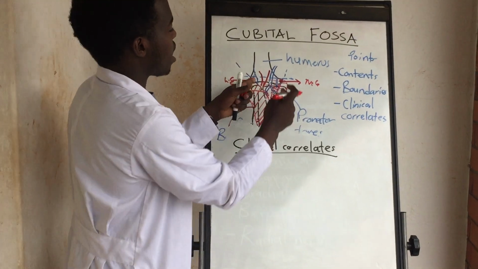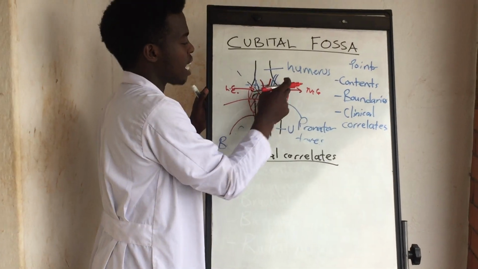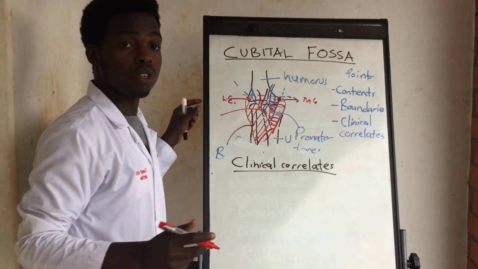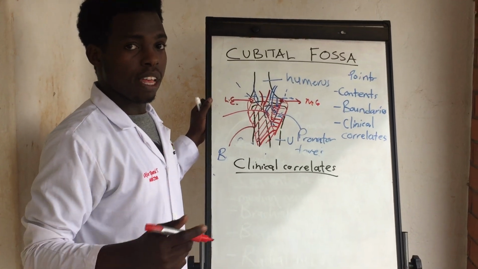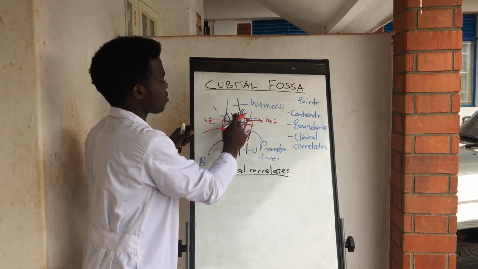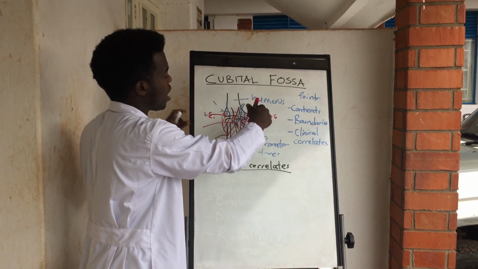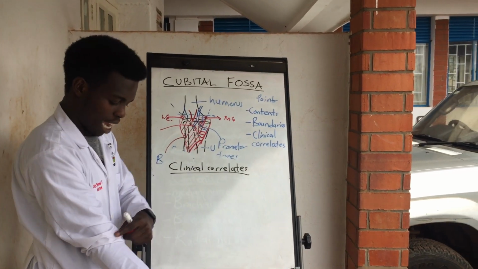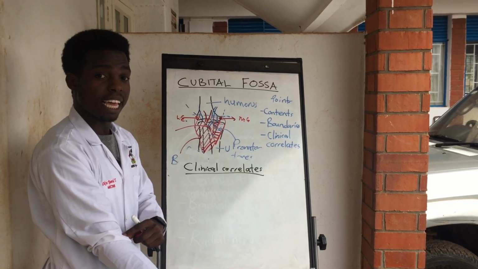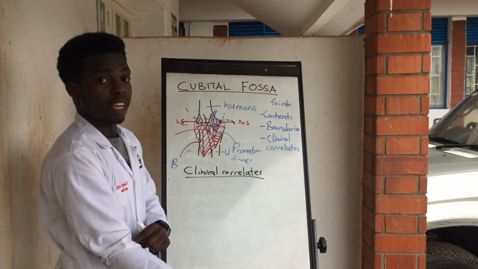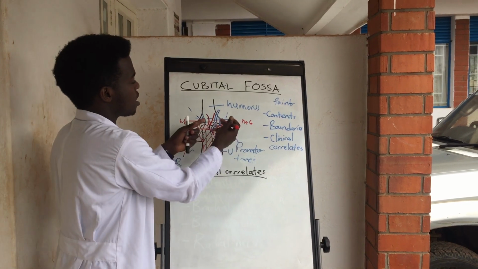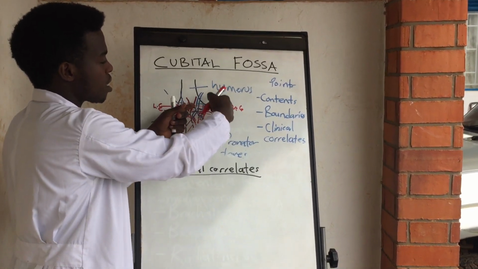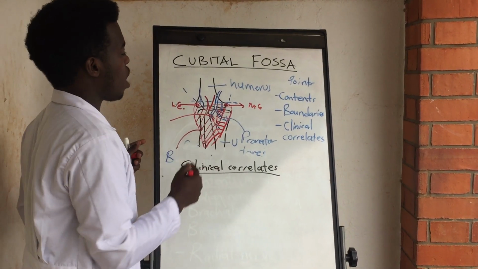Now, if you look at these two points and you join them together, that is what we call venesection. At that point, we shall look at the basilic vein. If you get those two points and draw a line joining the two, in the midline there, we find the basilic vein. So at that point, we can easily note that artery and do other clinical applications on it.